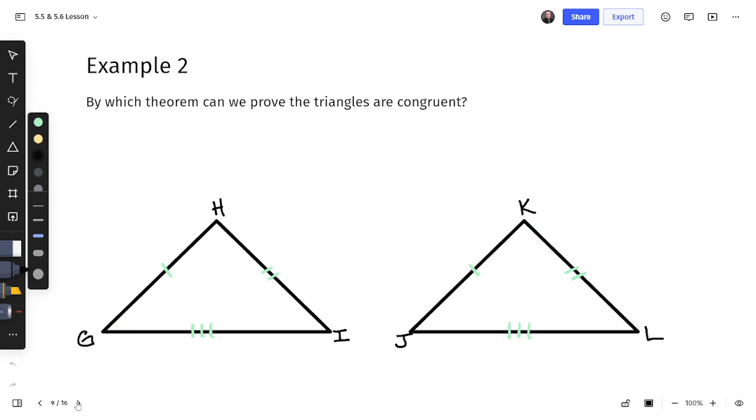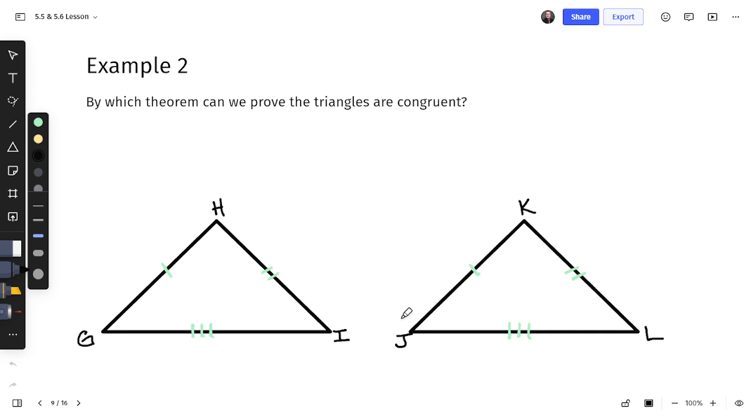All right, in example 2 here, it asks us again which theorem we can use to prove that the two triangles are congruent. And we have three pairs of corresponding congruent sides. GH congruent to JK, HI congruent to KL, and GI congruent to JL.